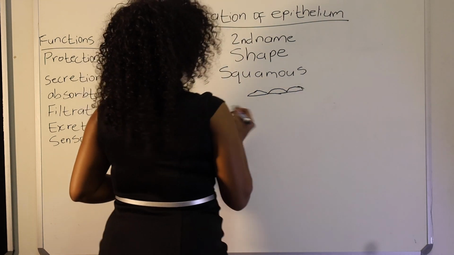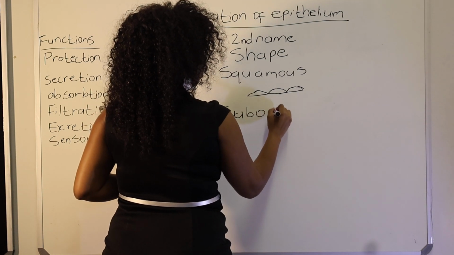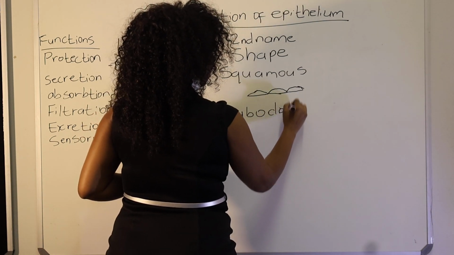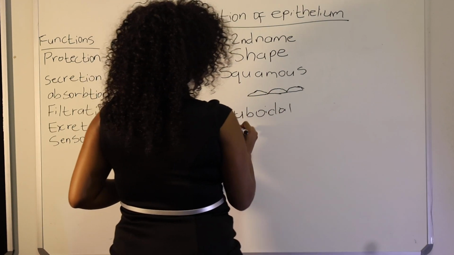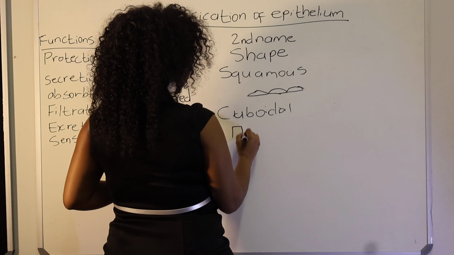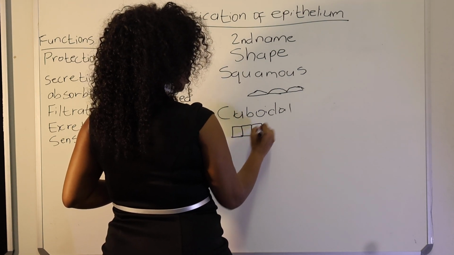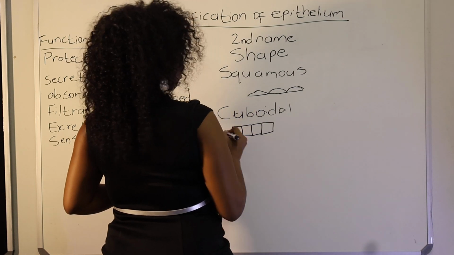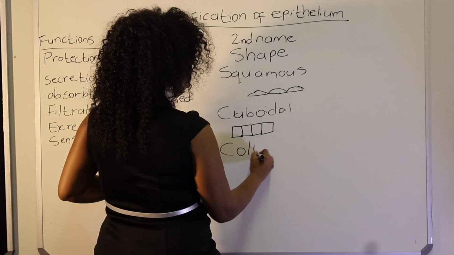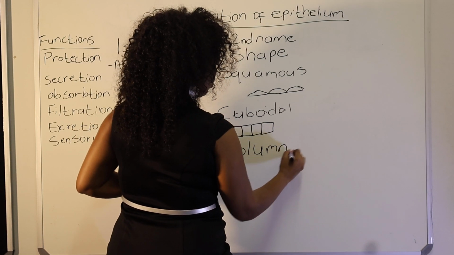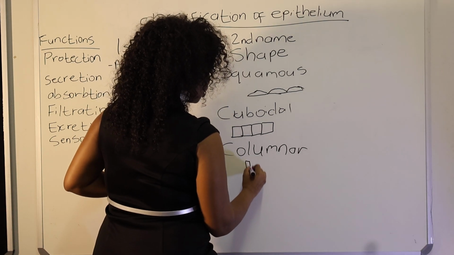And then we have cuboidal, which is sort of cubes, like squares, equal sides. And then we have columnar, which looks like columns.